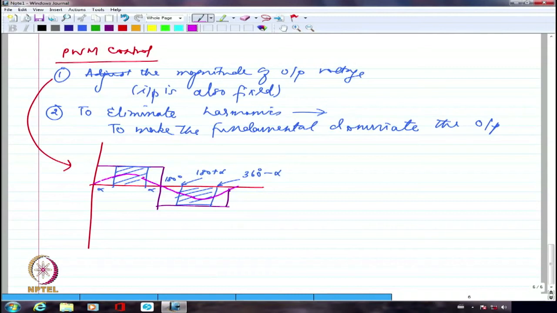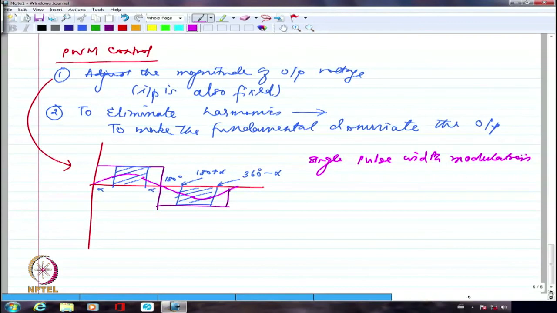So this is known as single pulse width modulation. We have only one single pulse corresponding to positive half cycle, one single pulse corresponding to negative half cycle, and they are essentially adjusted. Both these pulses are adjusted. So this is essentially single pulse width modulation.